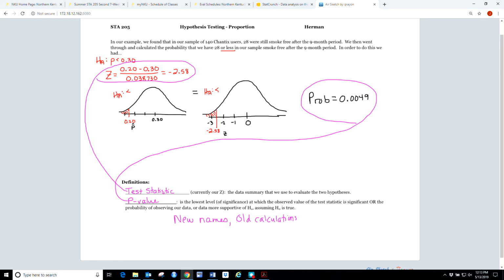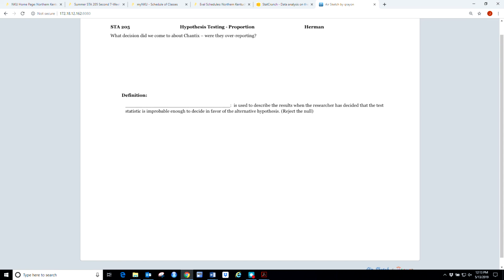Now that I have this probability, or now thing called a p-value, I can use that to decide between my hypotheses. So what decision did we make about Chantix? Were they over-reporting? So we did actually say that yes, they were over-reporting.